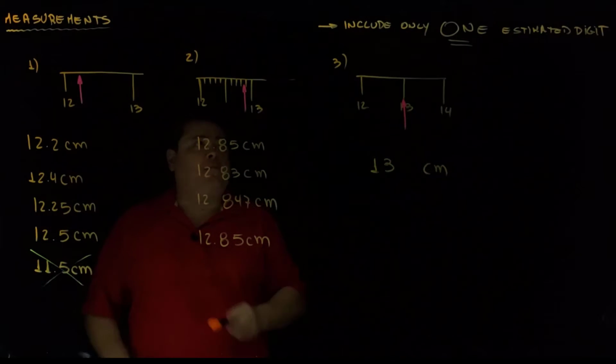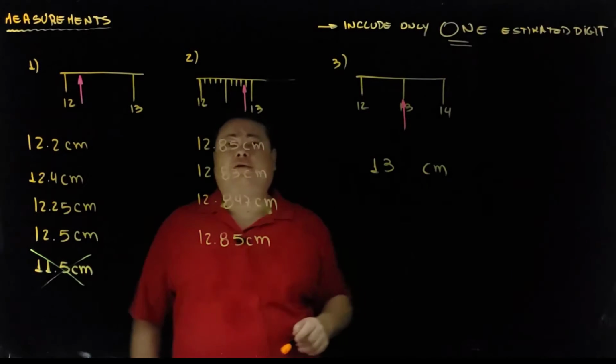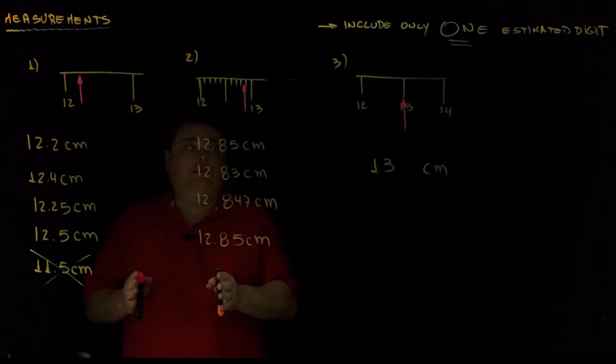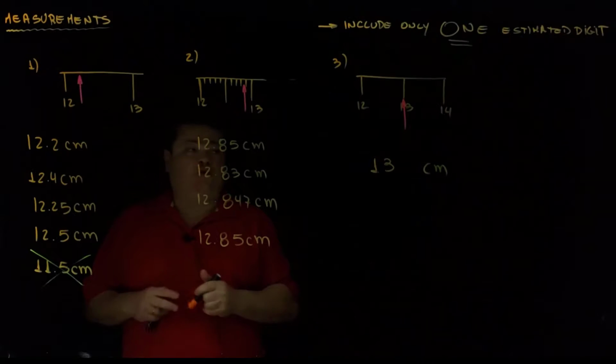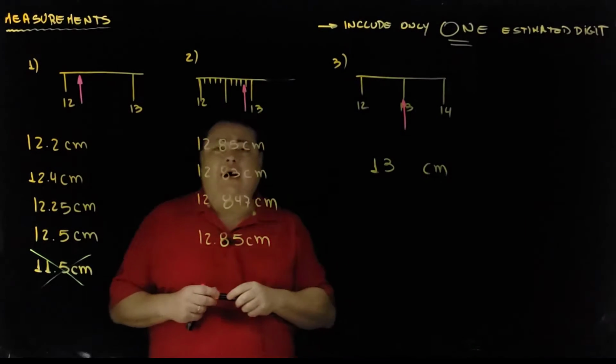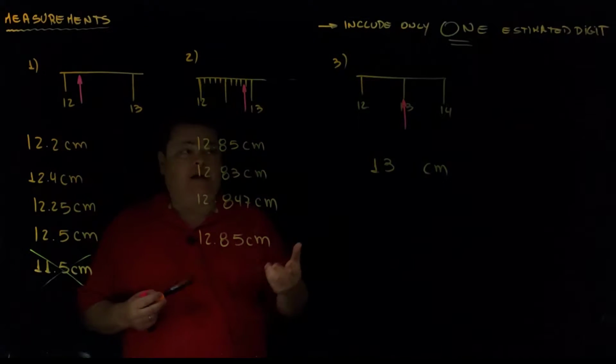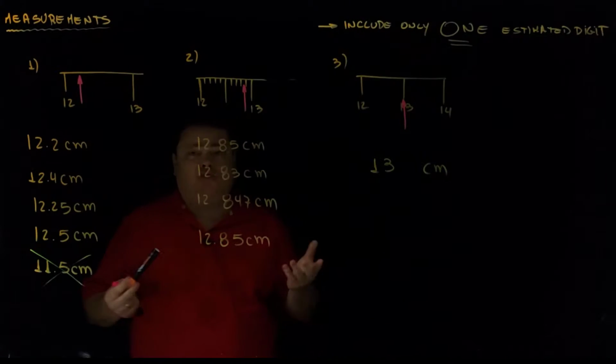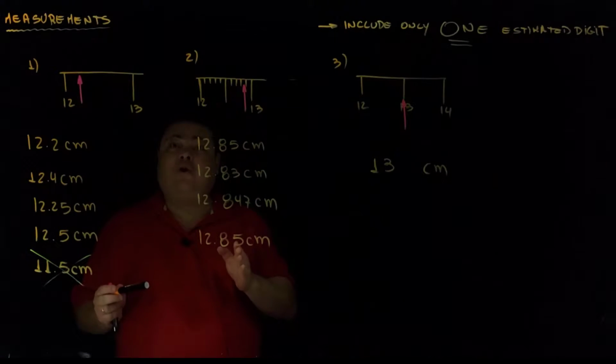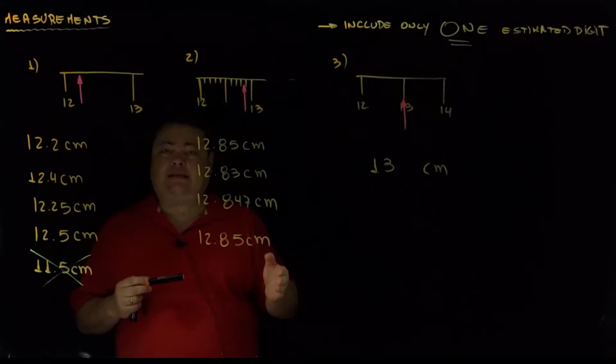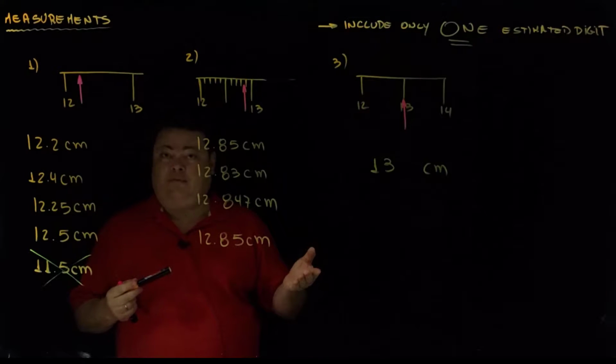But remember our agreement to writing just one estimated digit. So if I write 13 this way, I would actually convey that I am more certain about the 10, but I don't know about the 3, that I know is more than 10 and less than 15 or 20.